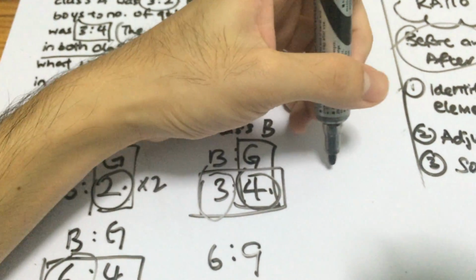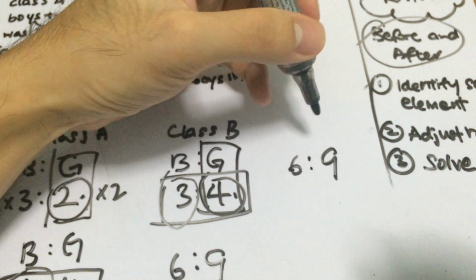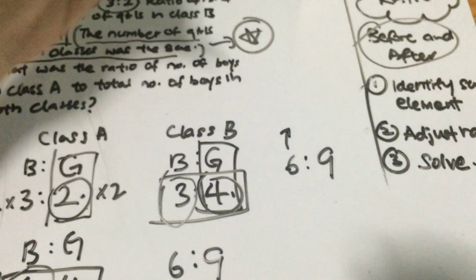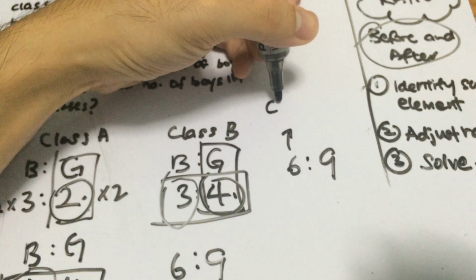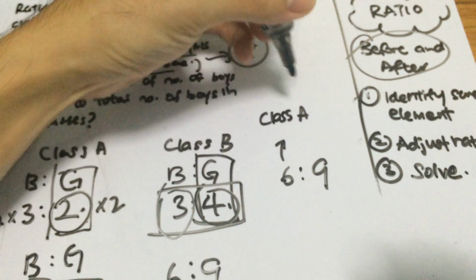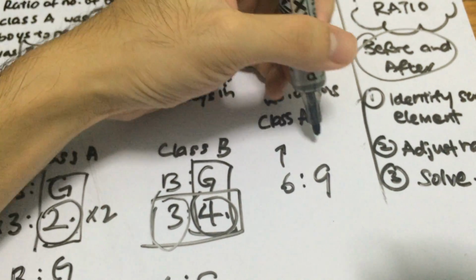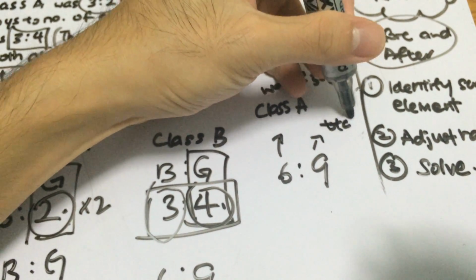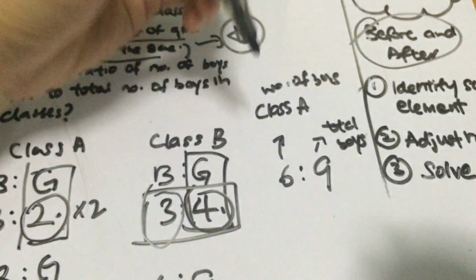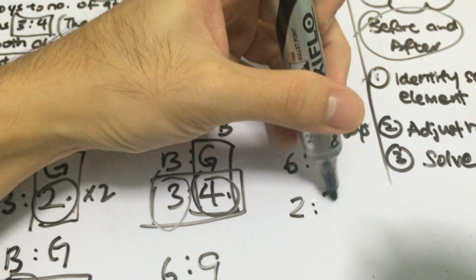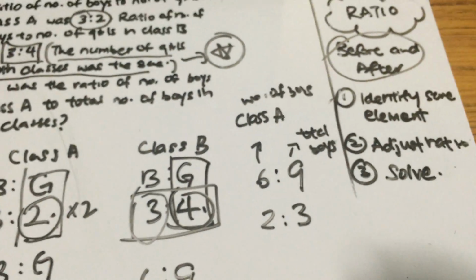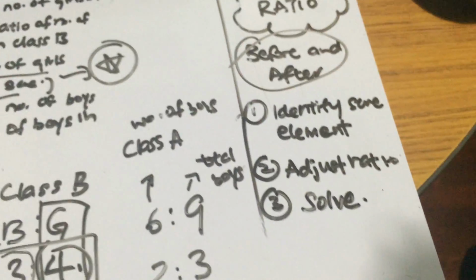So here's the answer: 6 is to 9. This is class A, the number of boys in class A to the total boys, and we simplify it, and this is the answer. So there you go. This is what I mean by identifying the same element.